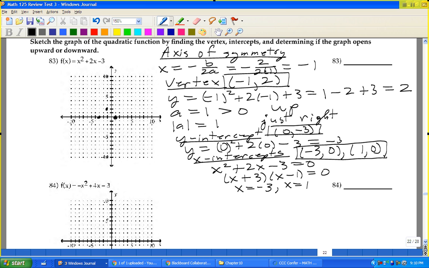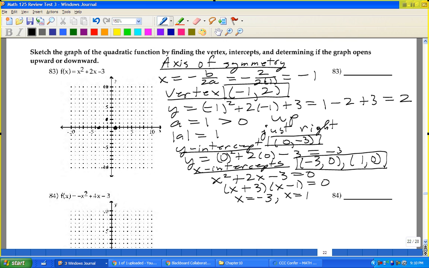Something's wrong. Let me just check something. Because that's equal to negative 1. Okay, that's correct. And that is positive 2. Okay, so something's wrong.